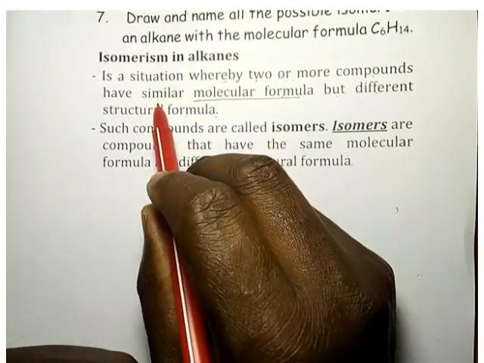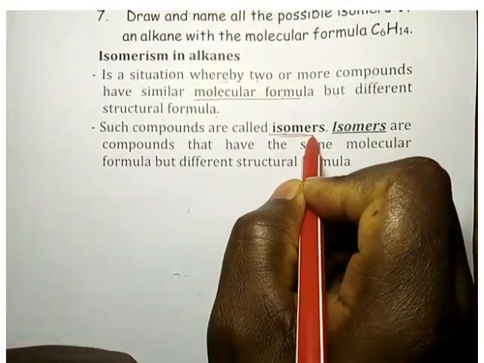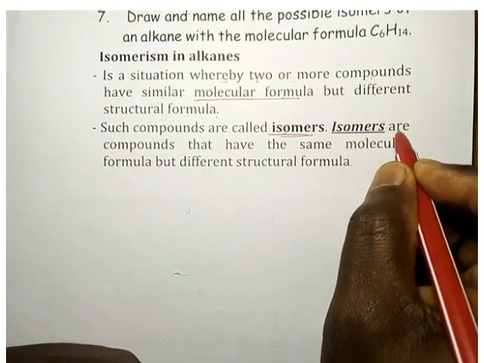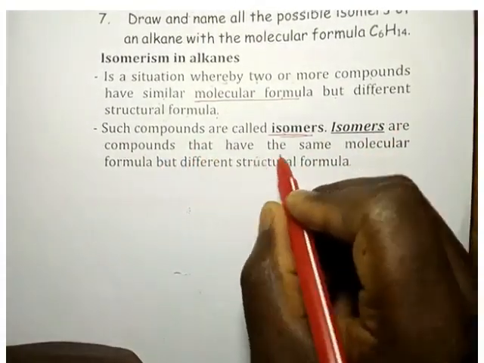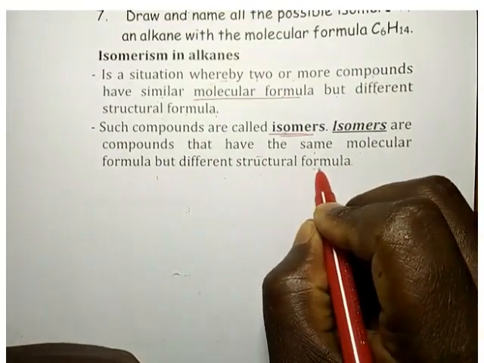During isomerism, we form compounds we call isomers. So what is an isomer? Isomers are compounds that have the same molecular formula but different structural formulas.